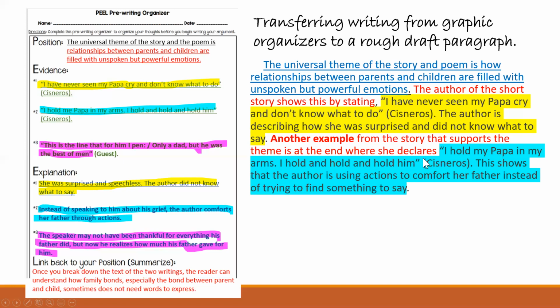And again, here is our citation with the period after the citation, just like it is supposed to be in MLA. And then we have our explanation. It says, this shows that the author is using actions to comfort her father instead of trying to find something to say. Again, not the same exact wording I used in the graphic organizer, but it means the same thing.